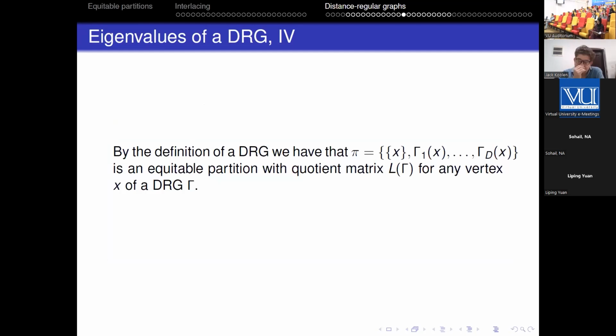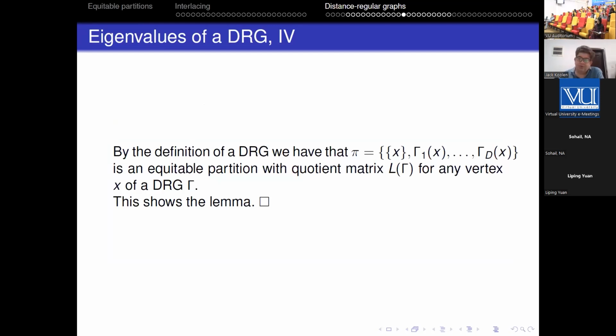So we know by the definition of this graph, this partition of the vertex set is an equitable partition with quotient matrix L gamma for any vertex X of this graph gamma, yes? And this shows the lemma.